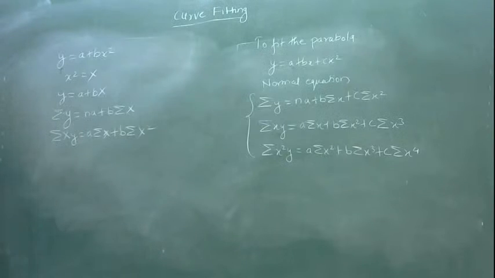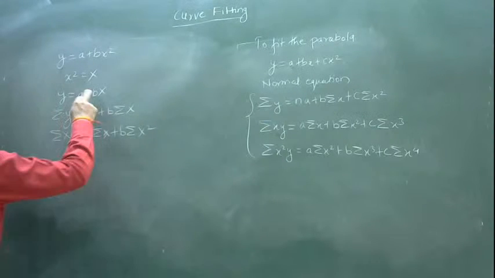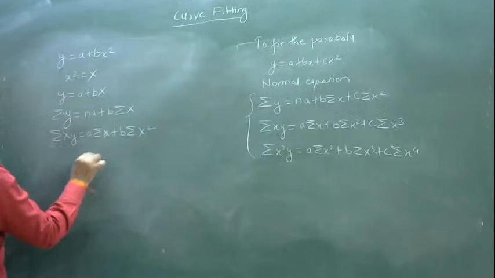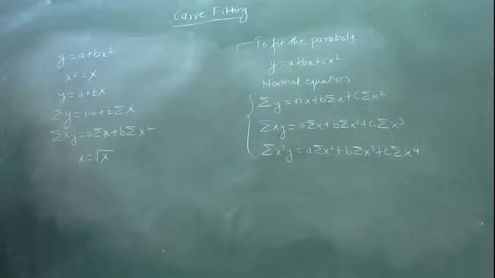Find the values of summation X, summation Xy, summation X square, and then the values of a and b. Before that you have to find capital X, so in place of x you have to write x square.